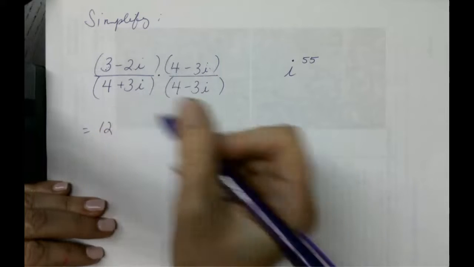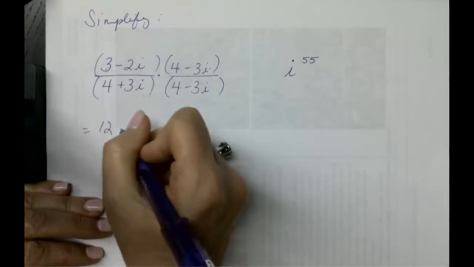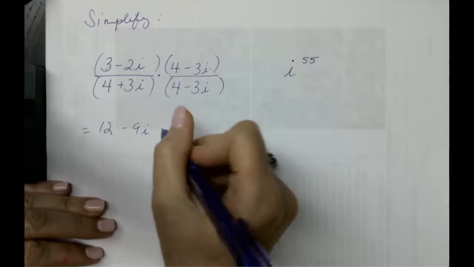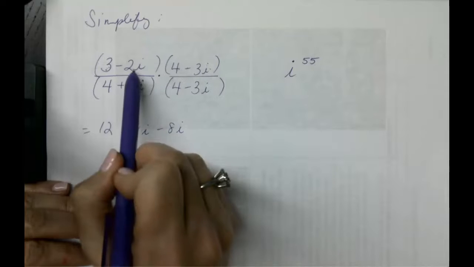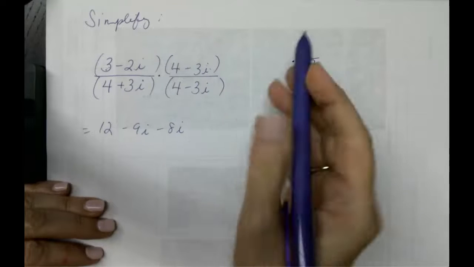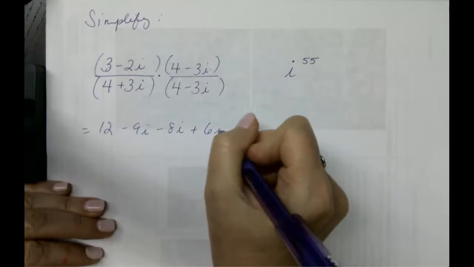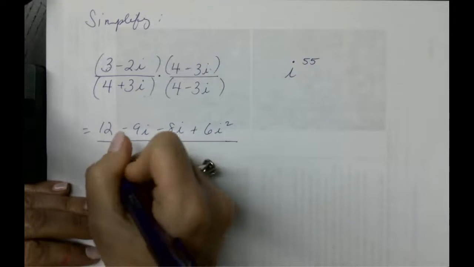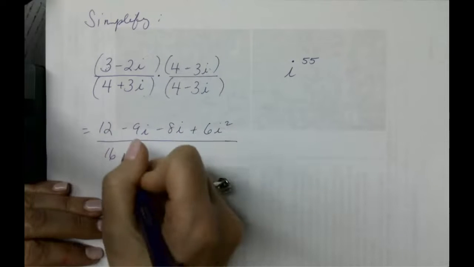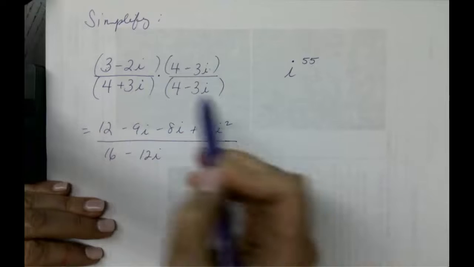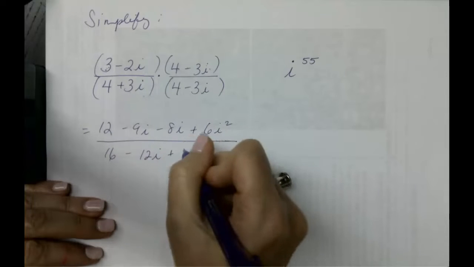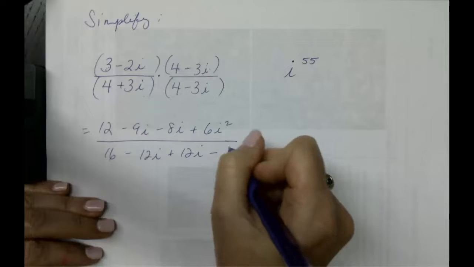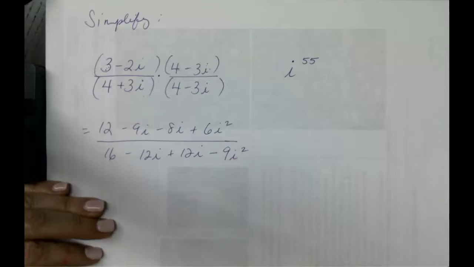3 times 4 is 12. 3 times -3i is -9i. -2i times 4 is -8i. -2i times -3i is plus 6i squared. To the bottom: 4 times 4 is 16. 4 times -3i is -12i. 3i times 4 is plus 12i. 3i times -3i is -9i squared.